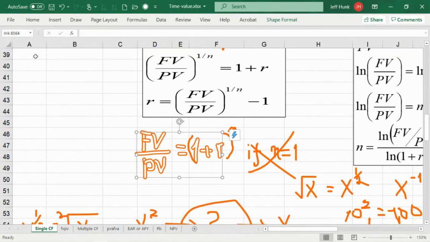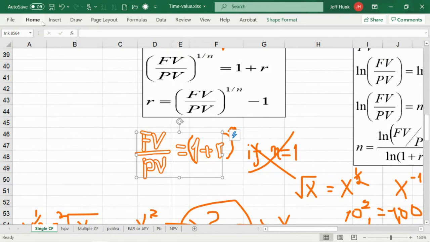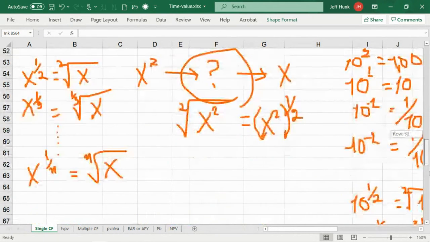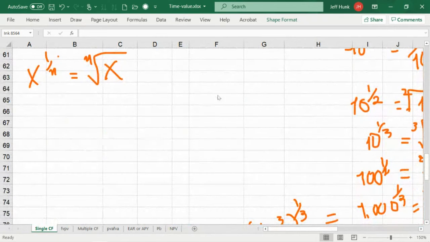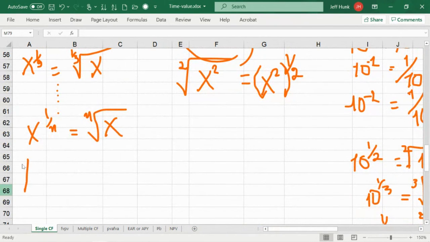I cannot copy the whole thing, so I will just. So we need to solve for n, but we are stuck there.